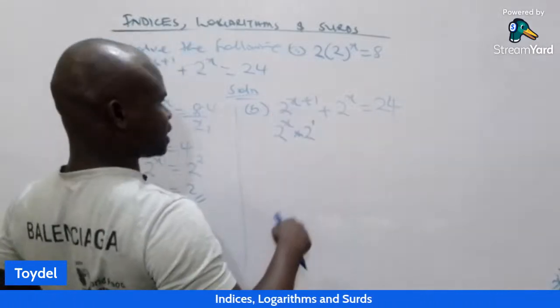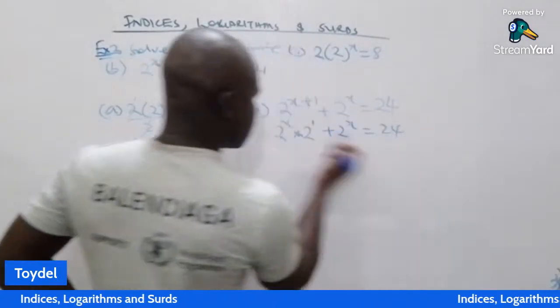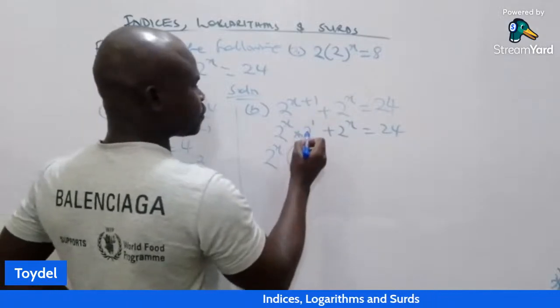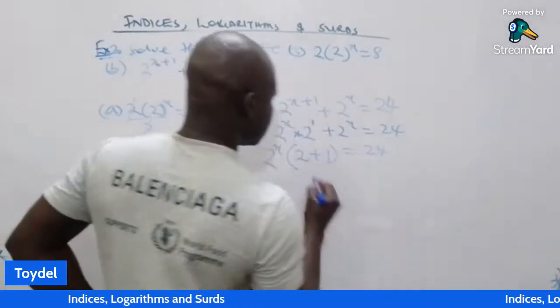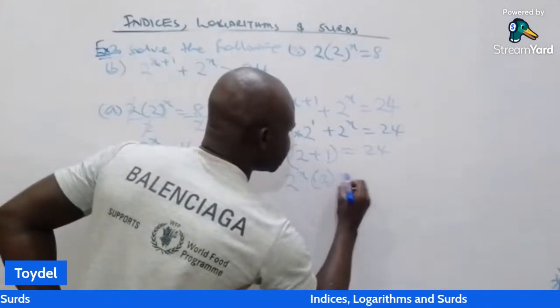So I can also reverse it. Then plus 2 raised to the power x is equal to 24. Of course, 2 raised to the power x is common. If I bring that out, I'm going to have 2 raised to the power x multiplied by (2 plus 1) is equal to 24. Then here I'm going to have 2 raised to the power x multiplied by 3 is equal to 24.